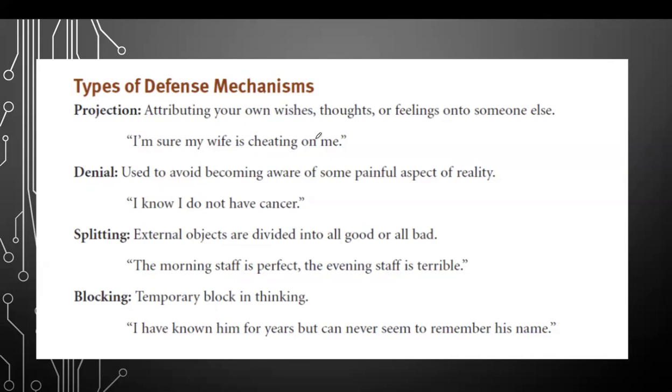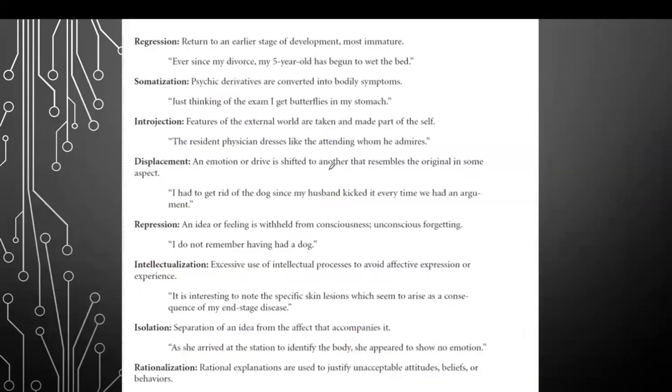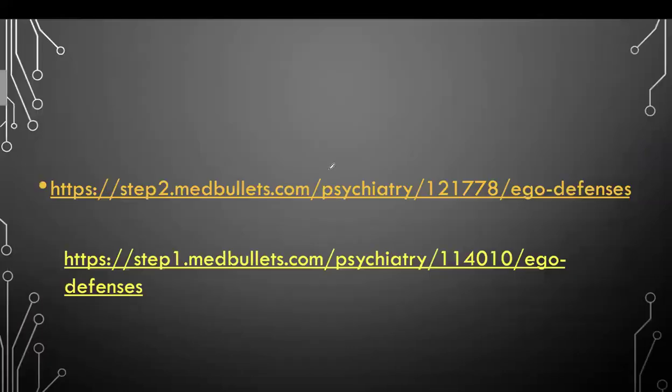That means you know that you're using the defense mechanism to get out of that situation. There are lots of defense mechanisms and a lot of questions come from here, so you need to get a very good idea about this.